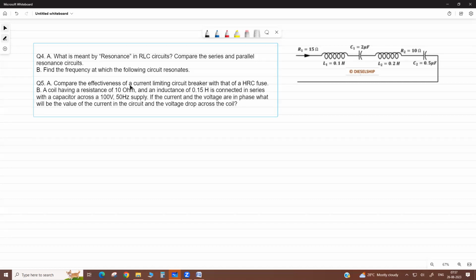This comparison. Compare the series and parallel. Sir, I have it, but I will share it after some time in the group.